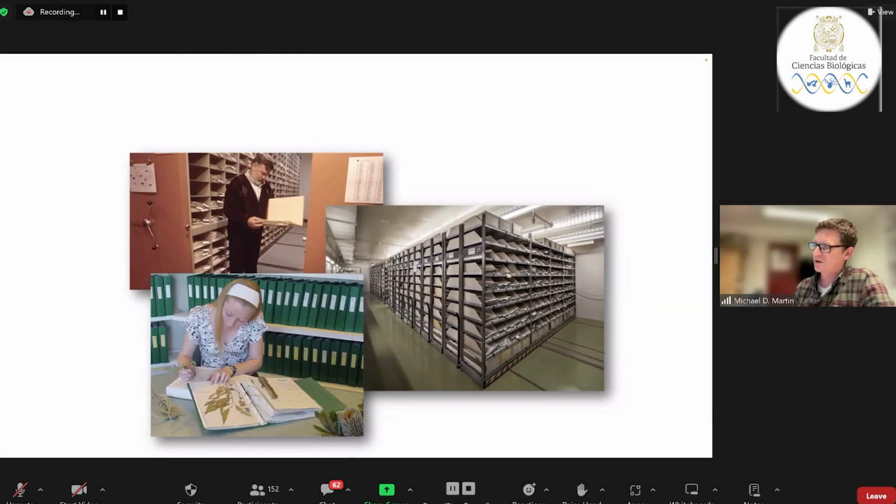These collections are often quite large and very well curated and have been historically used by taxonomists for systematic studies, as well as reference libraries for the morphology of plants, and also a bit of information about when plants were flowering at times in the past. Color variation, all kinds of things can be extracted from these really well curated collections.